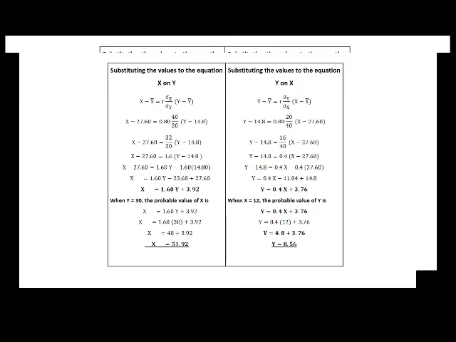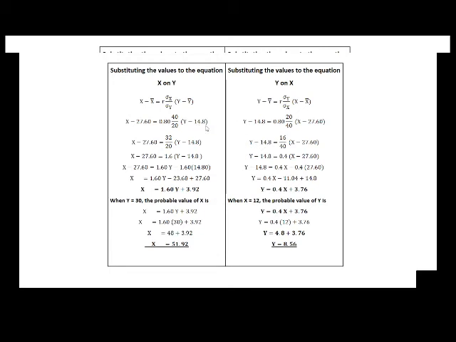So x minus x bar, that means mean, is equal to correlation into standard deviation of x divided by standard deviation of y, into y minus y bar. x bar is equal to 27.60, that is given information. Correlation is also given, 0.80, into standard deviation of x is 40, standard deviation of y is given 20, y minus y mean, that means y bar, 14.8.